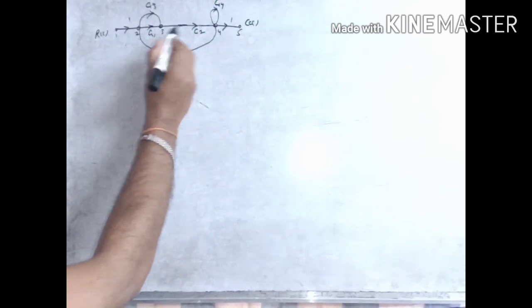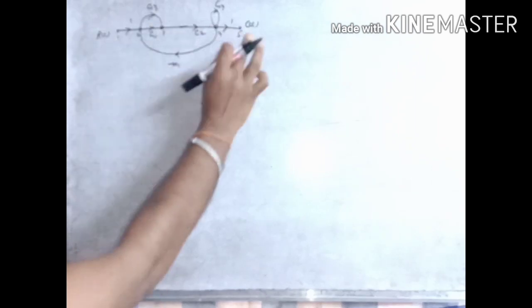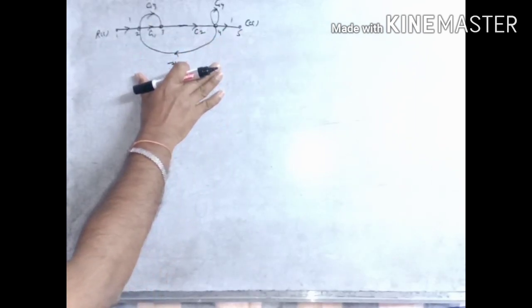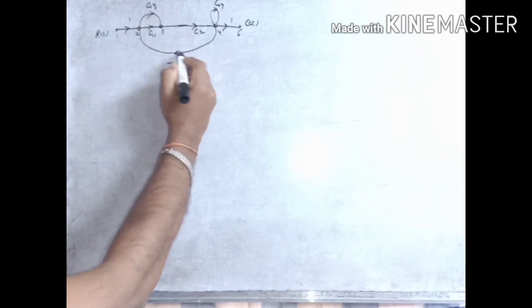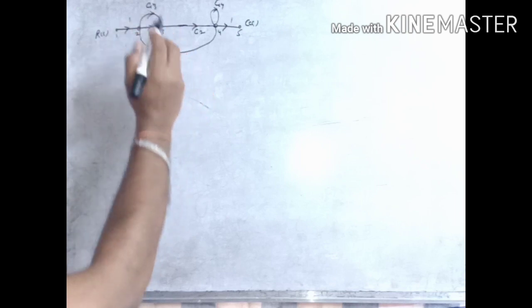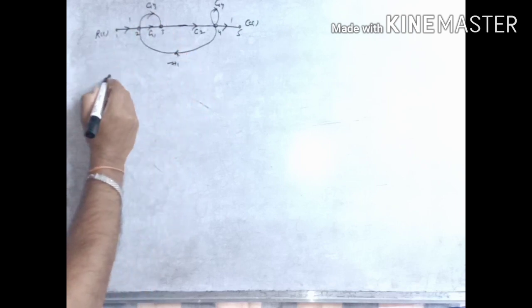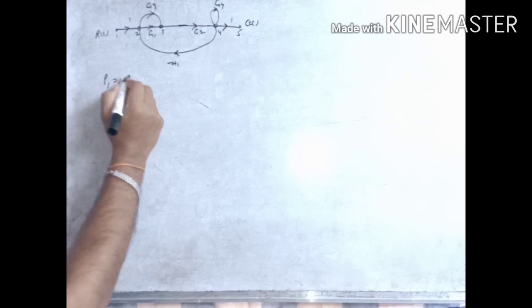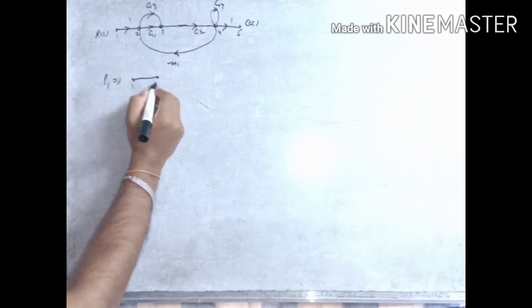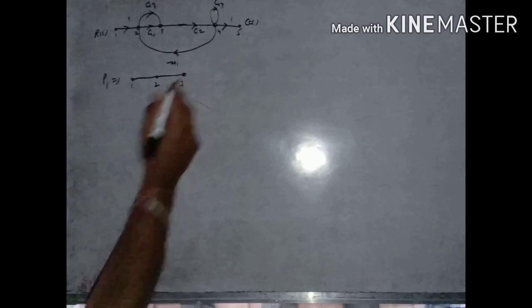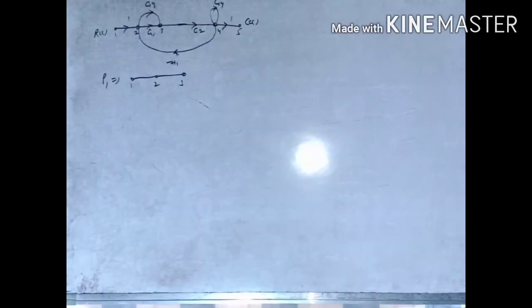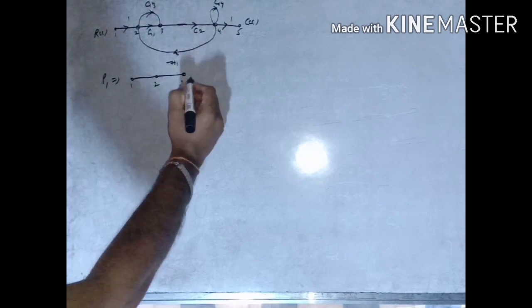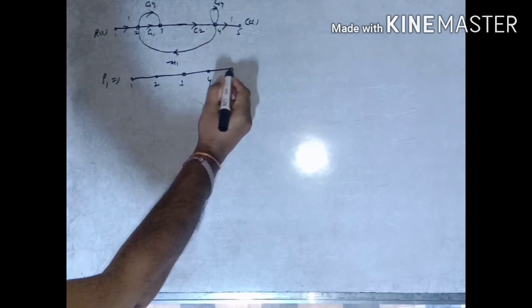The first forward path should start from input and end at output without repetition. So 1, 2, 3, 4, 5 is a continuous traversal. We identify it by the arrow direction, which should not reverse. So the first forward path is P1 equals node 1, 2, 3, 4 and 5.